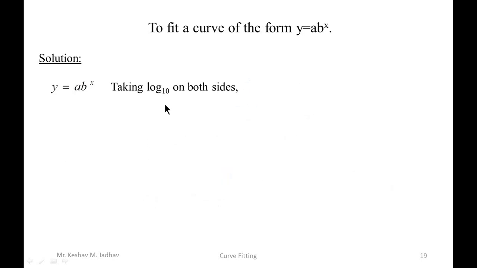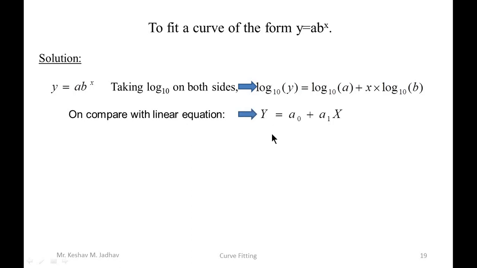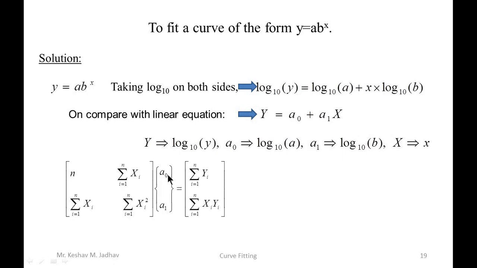Now instead of log to the base e, if you take log to the base 10 on both sides, then we will get log to the base 10 of y is equal to log to the base 10 of a plus x into log to the base 10 of b. So if you compare with standard linear equation, then we will get relations between these variables. So again we can solve by using linear fit, and we will get values of a0 and a1. So by using these relations, we can calculate values of small a and small b.